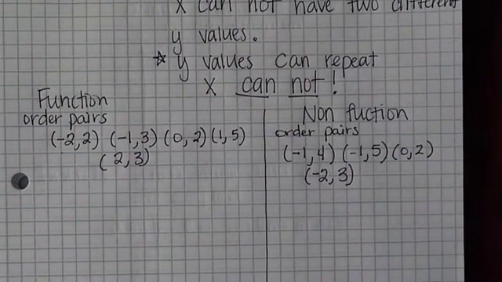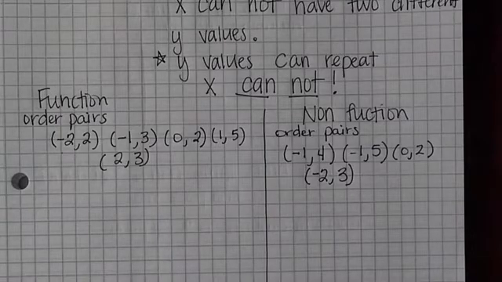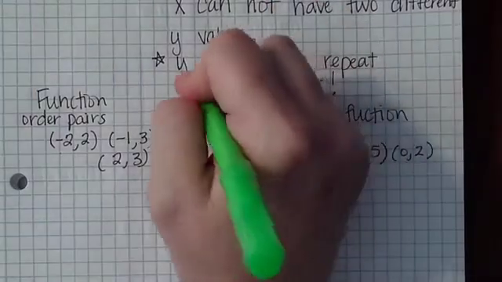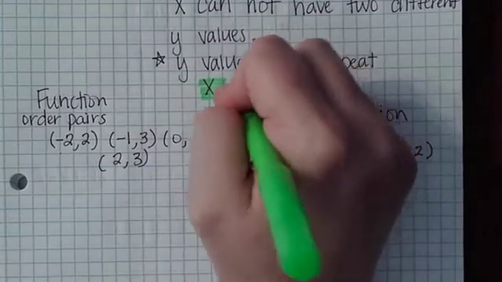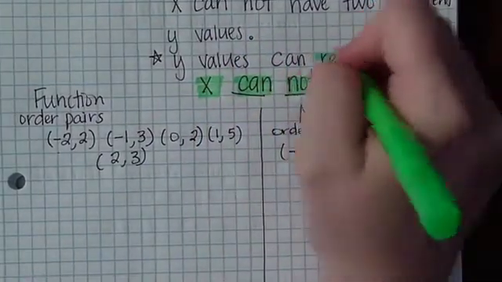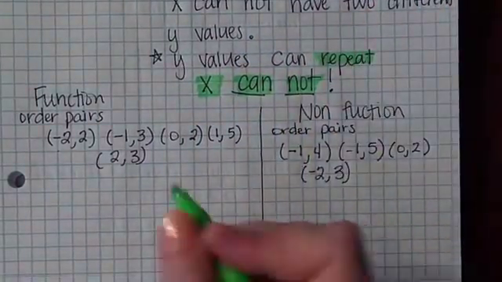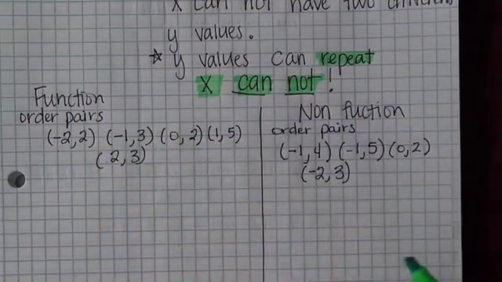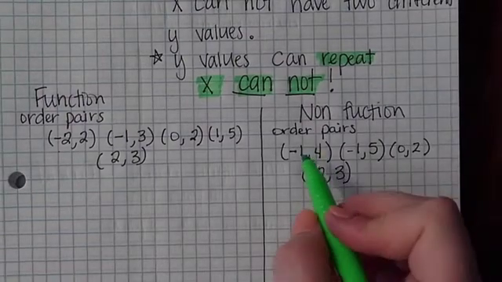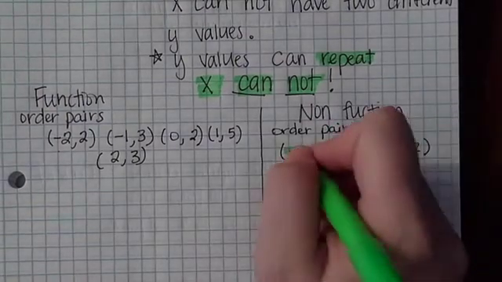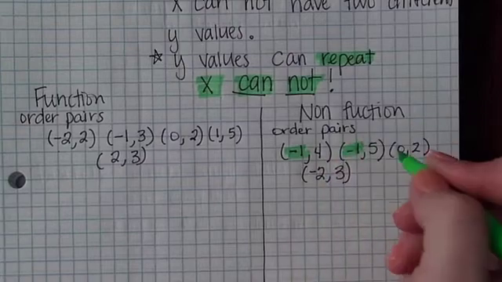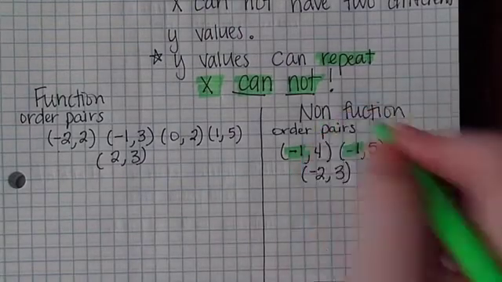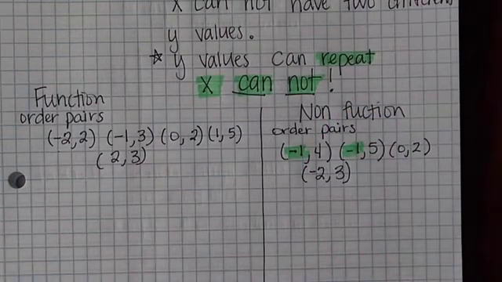Okay, so the thing that you are looking for every single time is that x values cannot repeat. So notice we have x values of -2, -1, 0, 1, and 2. None of those repeat. If you look at the non-example, -1 and -1 repeat. So that's why this is not a function. So you can go ahead and write that note if you want.